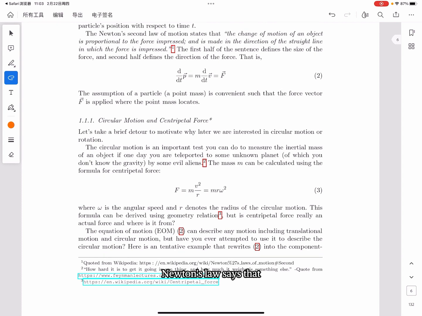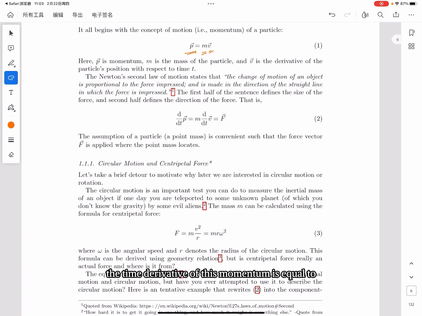Newton's law says that the time derivative of this momentum is equal to its force. If the mass of the point particle is constant, this formula tells us a way to measure the mass if we know the speed and the force exerted on this point particle.